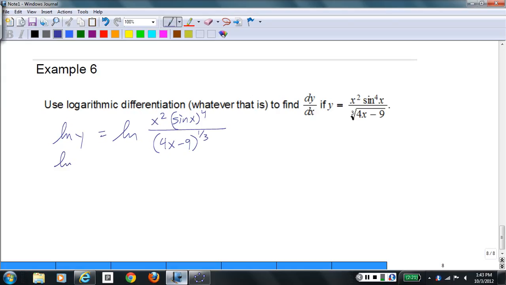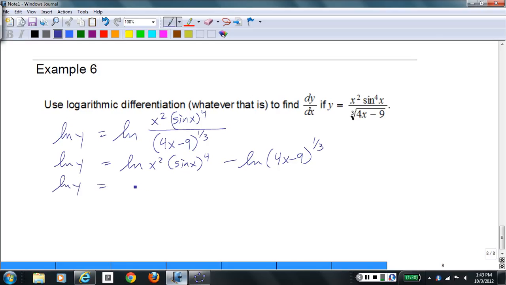So on the left, we just copy and paste. On the right, the log of a quotient equals the difference of the logs. So log of the numerator minus the log of the denominator. And then the log of this product, x squared times sine of x to the fourth, is equal to the sum of the logs.